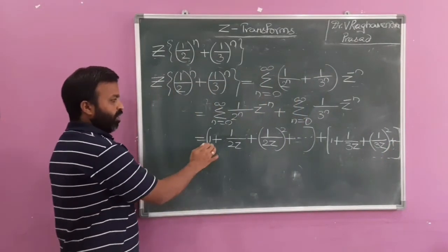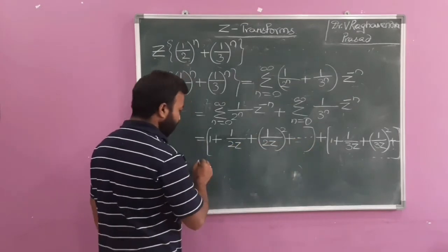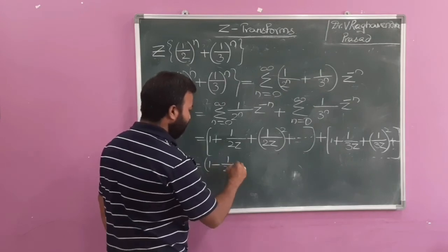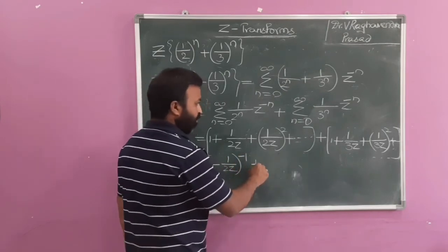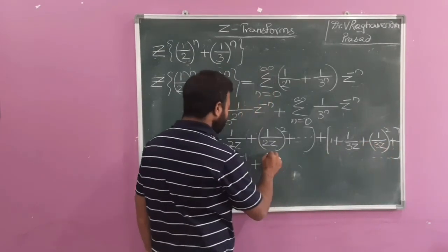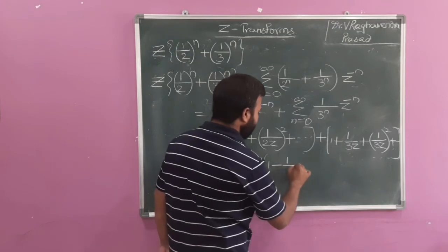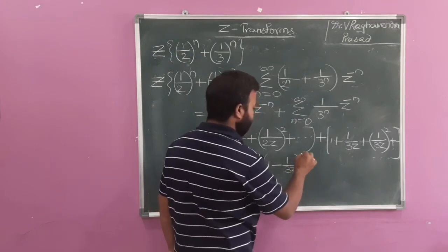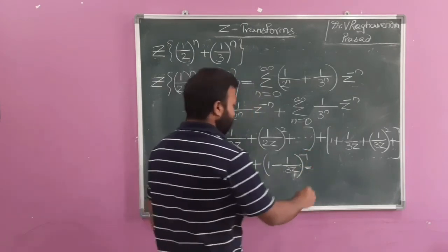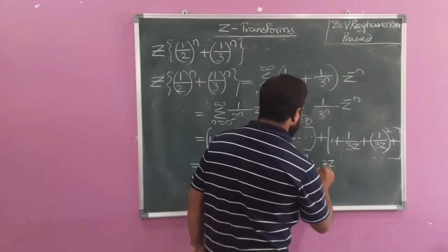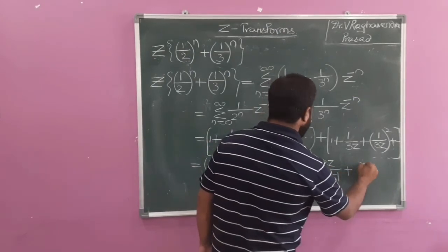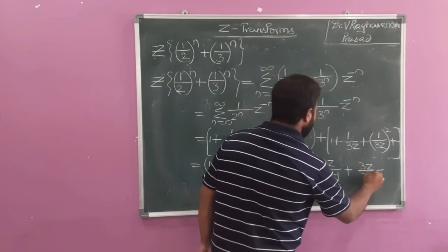So this is same as 1 plus x plus x square plus and so on. That gives 1 minus x to the power of minus 1, where x is 1 by 2z here. Plus the second one is also same as 1 plus x plus x square plus and so on. That is also 1 minus x to the power of minus 1, where x is 1 by 3z here, equal to 2z by 2z minus 1 plus 3z by 3z minus 1.